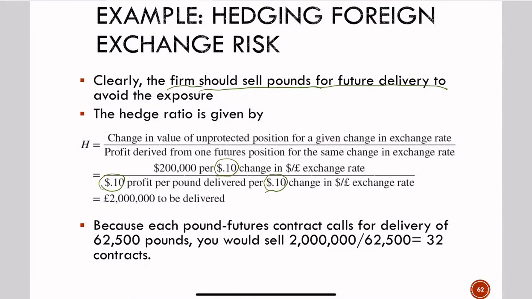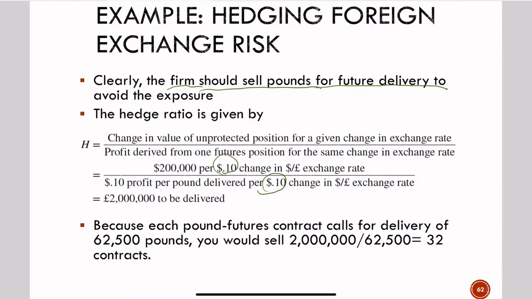So basically you can see that for the same change in the exchange rate, you will lose $200,000 in your long position in UK pounds. But then you will be able to earn $0.1 profit for your short position in UK futures.